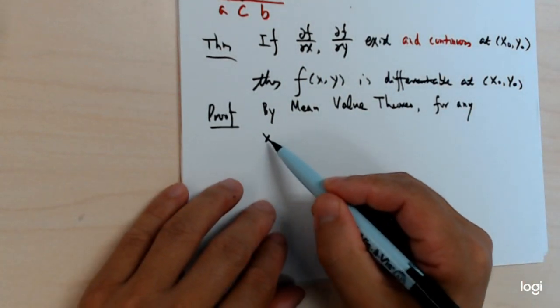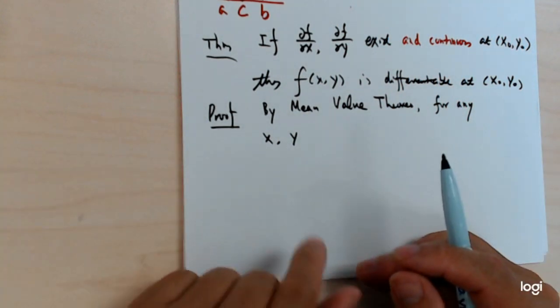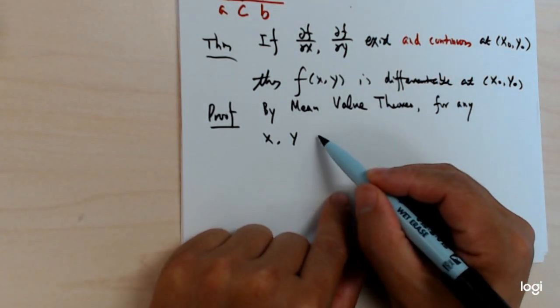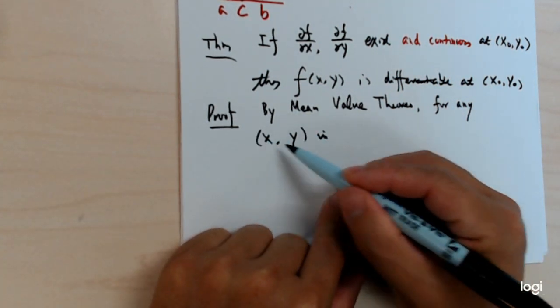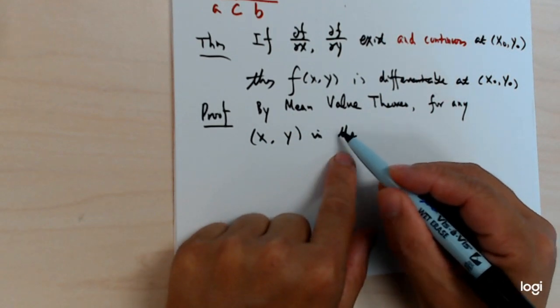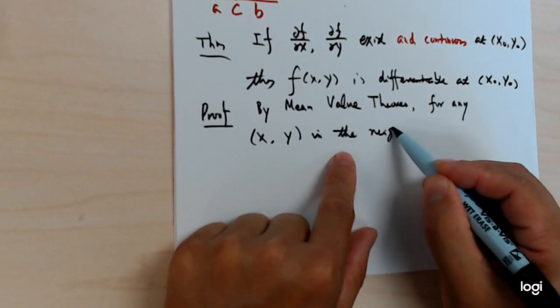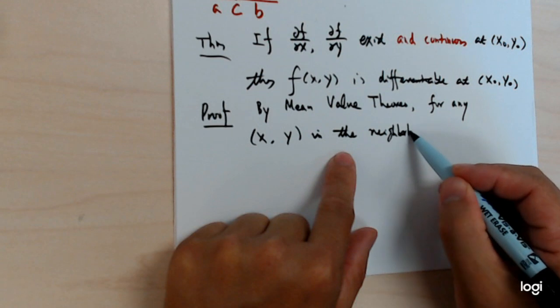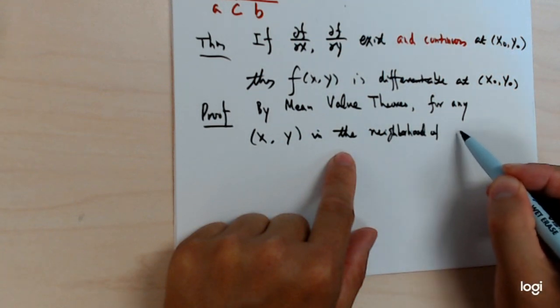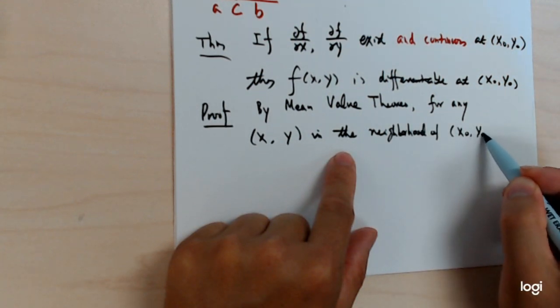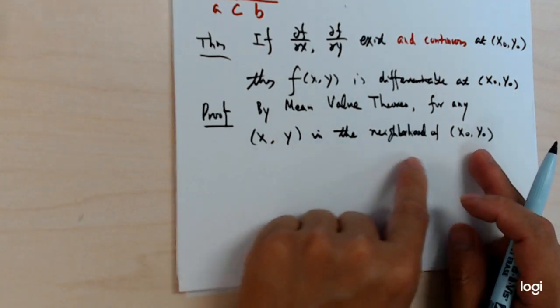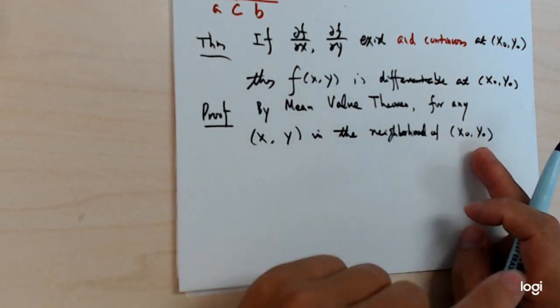For any x and y in this neighborhood, so for any x, y, that's a point. There is obviously this error or difference between the x value and y value.